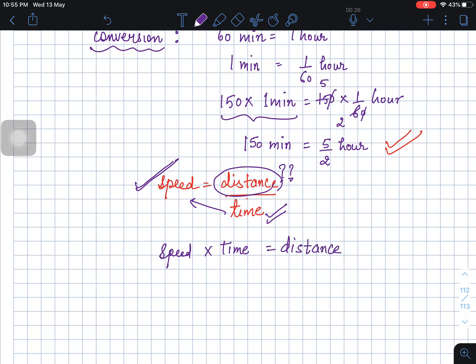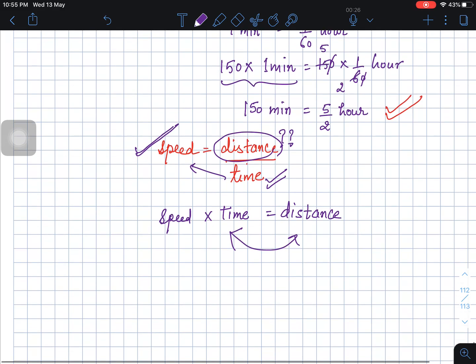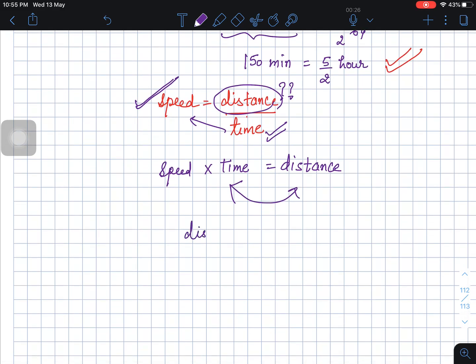But we have to find distance, so just interchange the whole quantity. Speed and time will go to the right side, and distance will go to the left side. So distance is equal to speed into time.